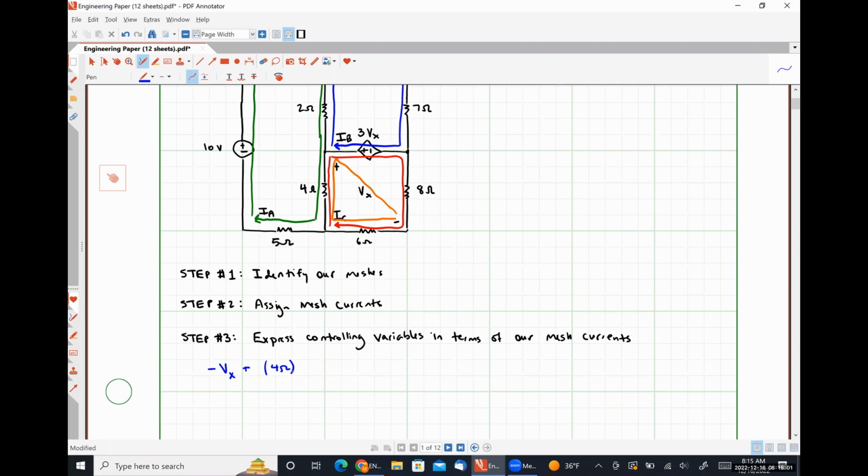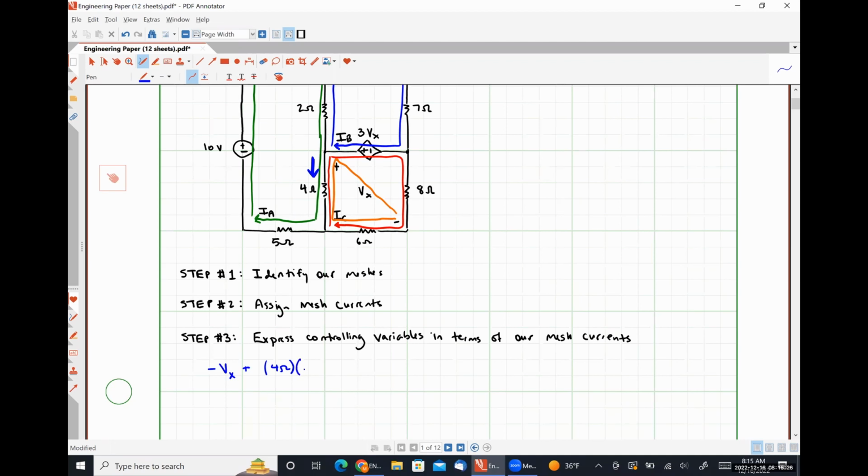So I want the total current flowing down through the 4 ohm resistor expressed in terms of my mesh currents. IA minus IC. Thank you very much.